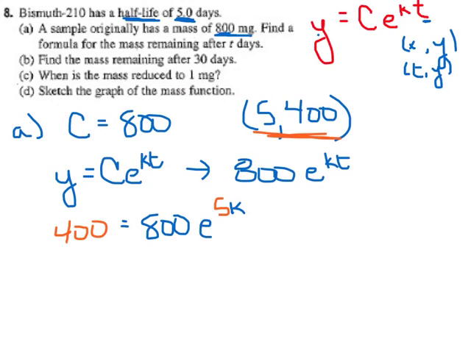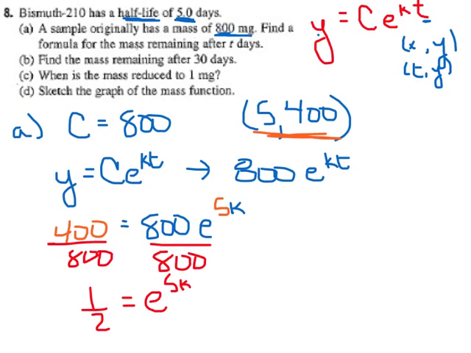We can solve for k here. So what would you do first? Pause it and think about it if you want, because you guys could solve this equation. This is definitely pre-calc stuff. Once you get rid of that coefficient, then you can natural log both sides, because there's nothing in your way, and then you have 5k equals the natural log of a half.